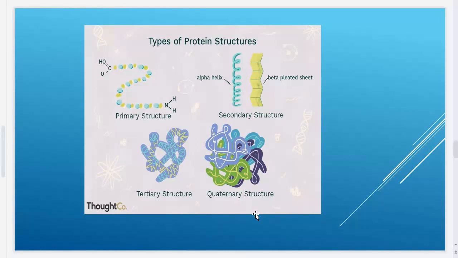They may also be composed of different subunits. Hemoglobin is an example of a protein with a quaternary structure. Hemoglobin found in the blood is an iron-containing protein that binds oxygen molecules. It contains 4 subunits, 2 alpha subunits and 2 beta subunits.